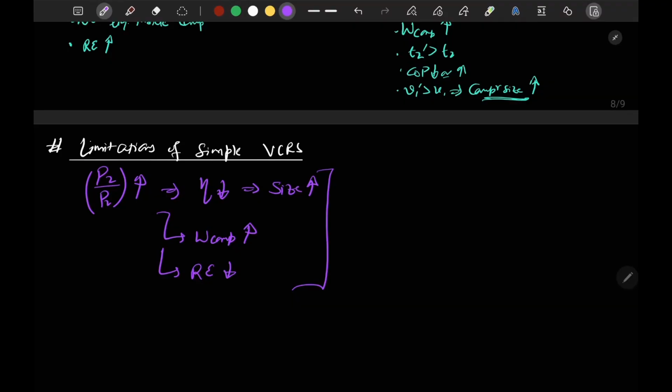Now to overcome this, we have two methods, two solutions. First, we use flash gas removal.